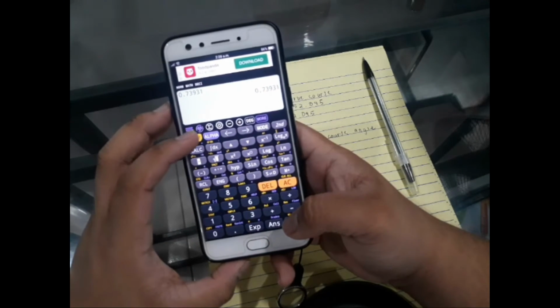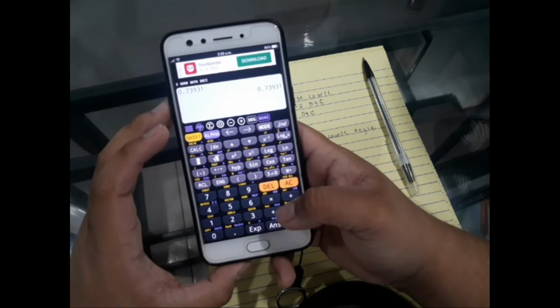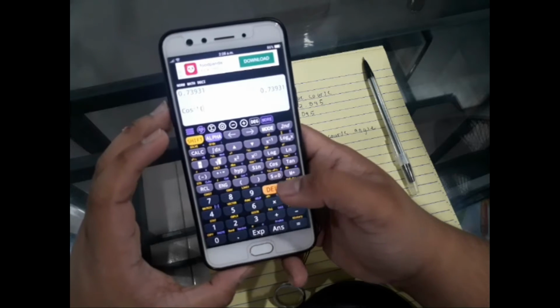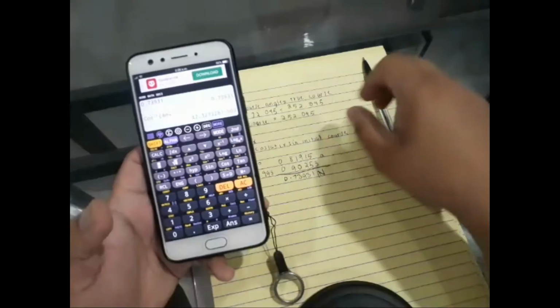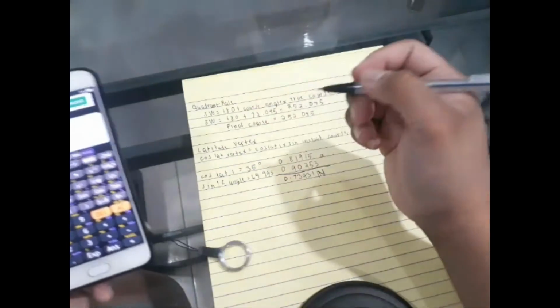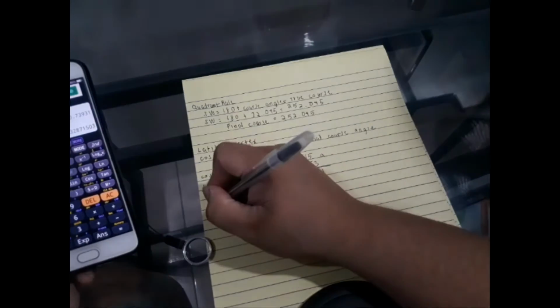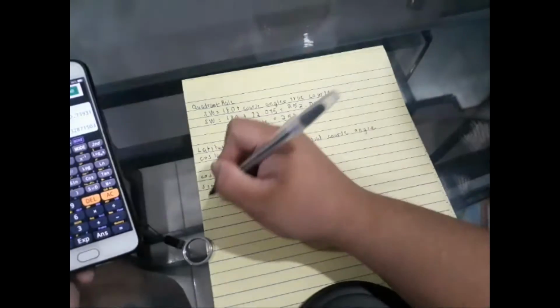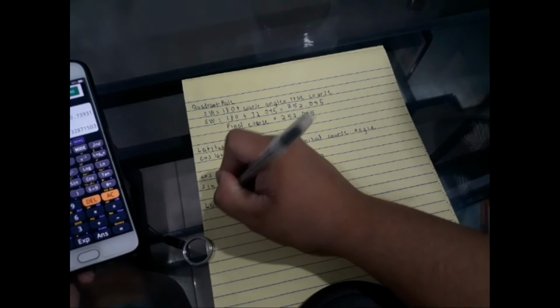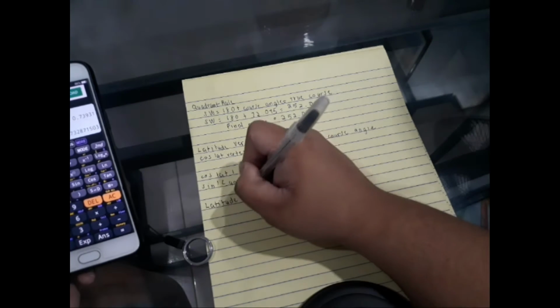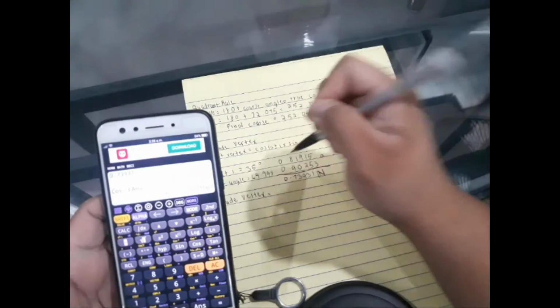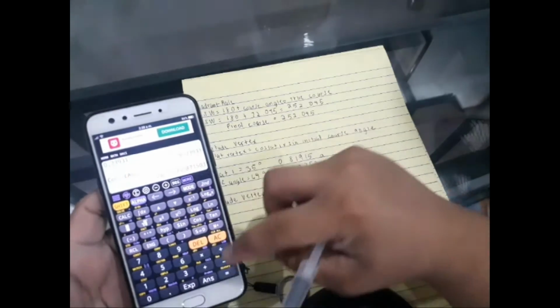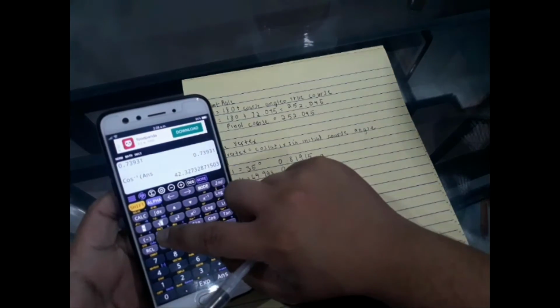shift and use cos, and the answer is our latitude vertex. So our latitude vertex will be, there you go, 42 degrees, and of course don't forget the degree.